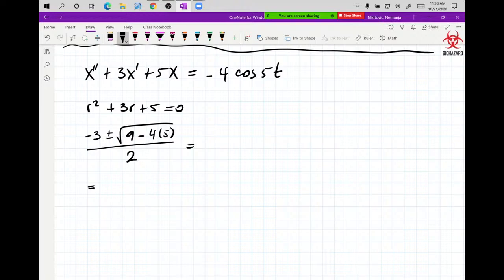So this is going to be negative 3 plus or minus the square root of 9 minus 20, that's negative 11. Just want to make sure that I copy the problem correctly. So yep, 3 and 5. So we have negative 11 under the square root, everything divided by 2.